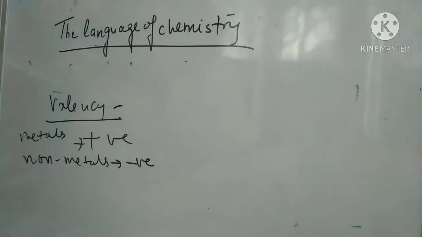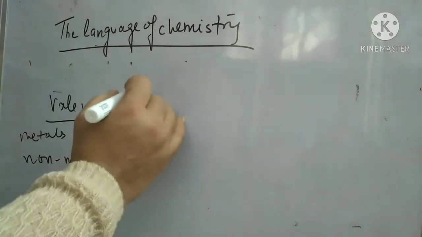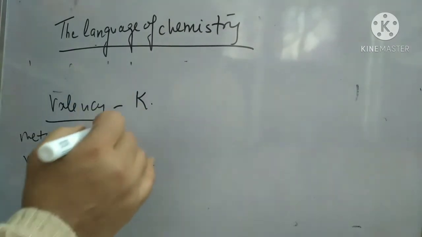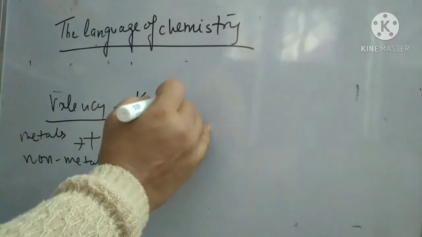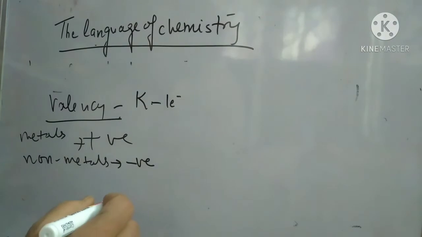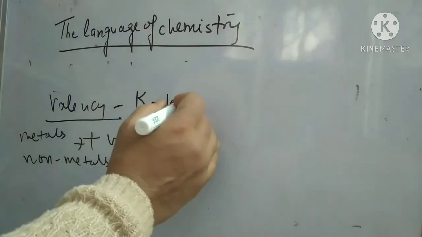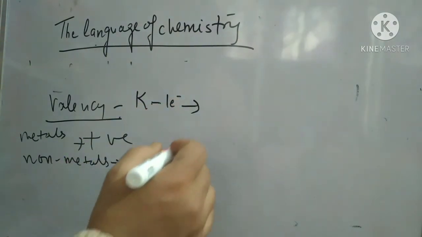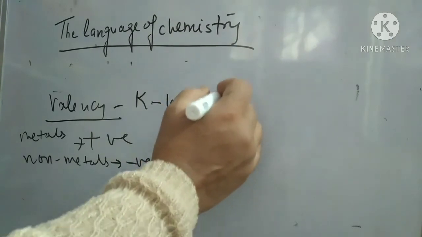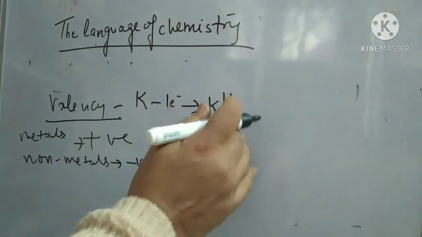The valency of a metal is the number of electrons lost per atom of the metal. Like potassium, it is having one electron more in its outermost shell. So, in order to become stable, it loses its one electron and becomes positively charged.